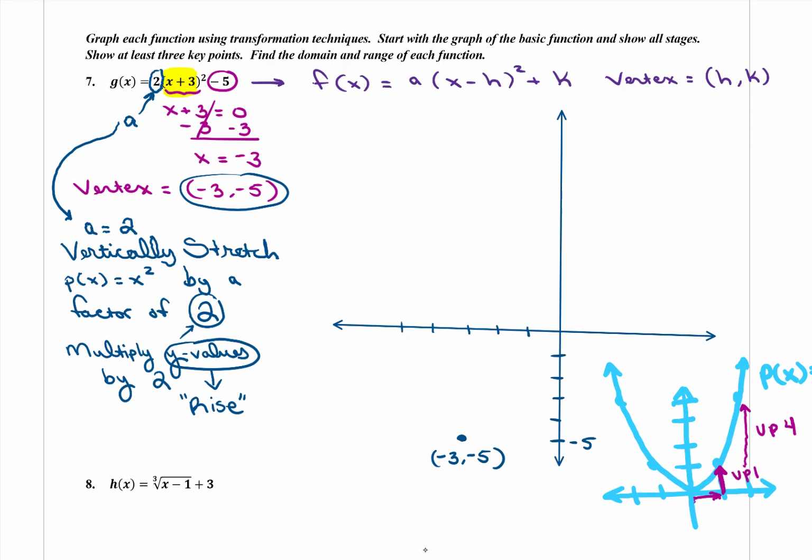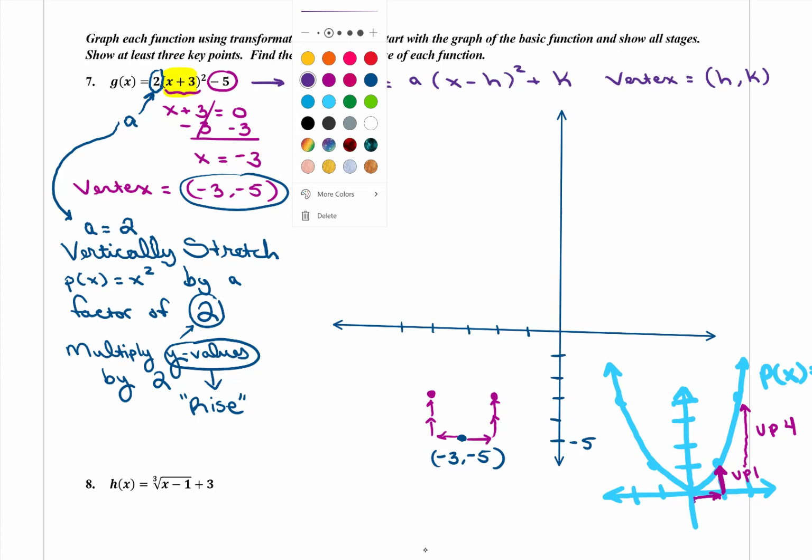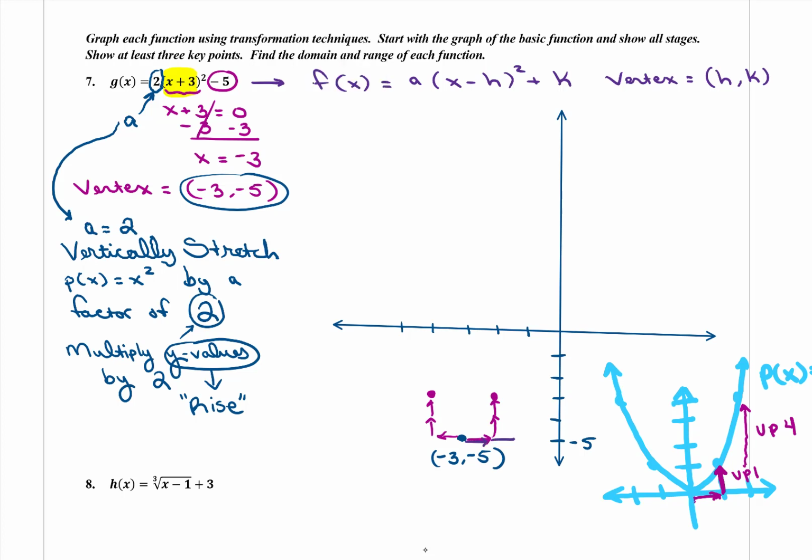Okay, so I started drawing over here to the right. I started drawing the parent function just to help us when we're drawing our new transformed function, because we're talking about the y values and the change that's occurring to the y values. So in the parent function, remember, we go over 1, up 1, over 2, up 4. It's that pattern that I'm going to want to use here to help me come up with these points.